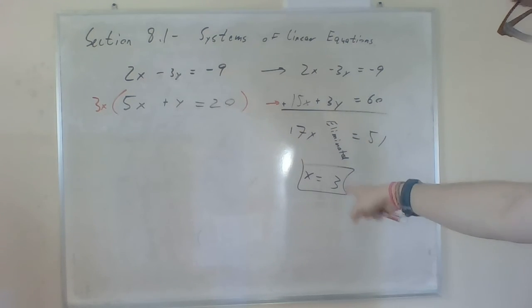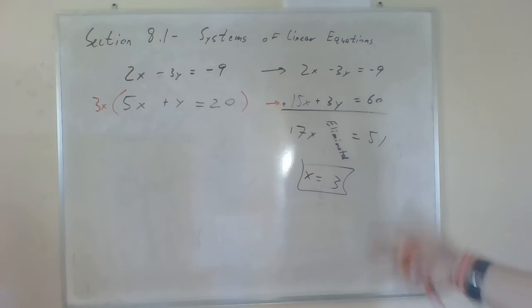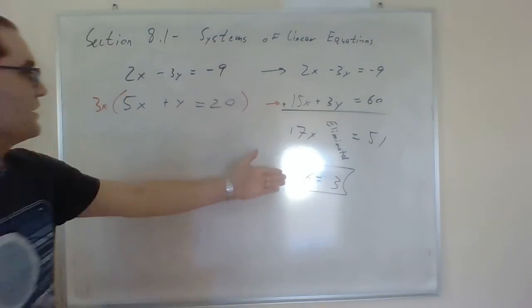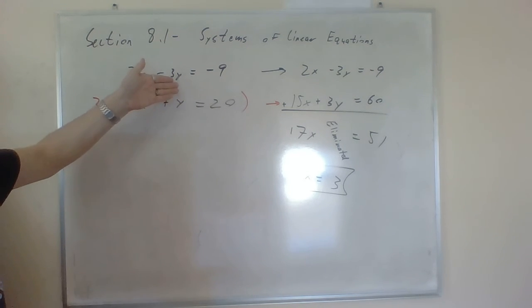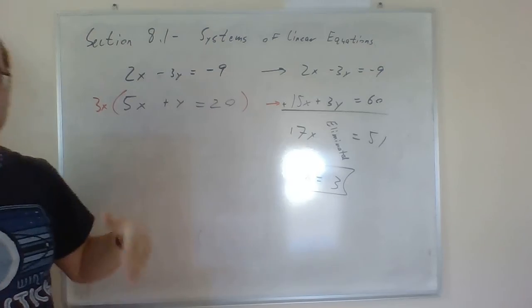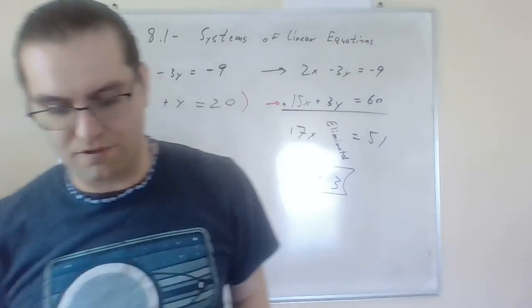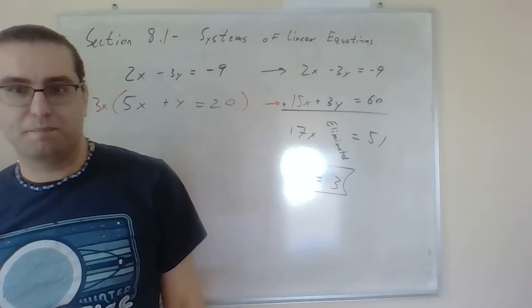Once you have this variable settled and done and solved for, the rest goes the same. So, plugging x equals 3 back into this to solve for y, to give us a y value, and then checking it in the other equation, that works exactly the same as what we just did in the substitution technique. So I'm not going to do that again.